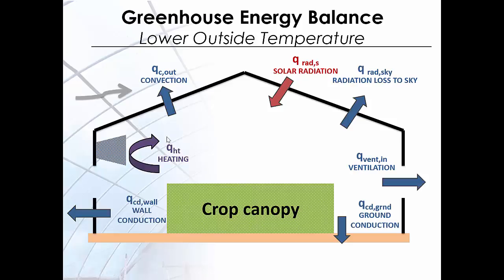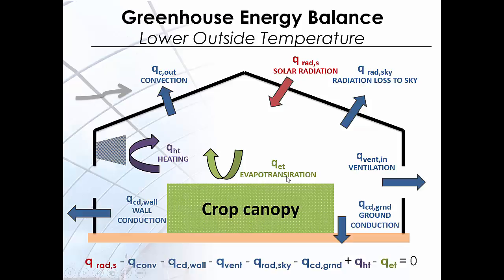And the heat losses will include the convective heat loss, radiation loss to the sky, and energy loss due to ventilation, energy loss to the ground due to conduction, as well as the conduction through the wall, as well as the energy exchange between the crop canopy and the greenhouse interior due to the evapotranspiration process.